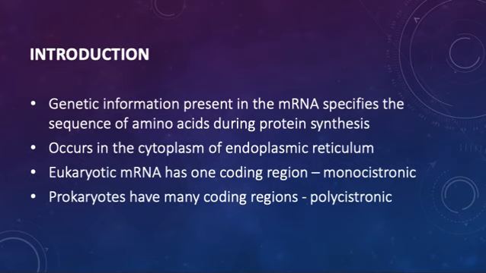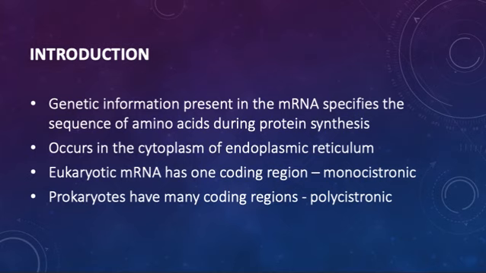So in eukaryotes, the mRNA has only one coding region, or we call it monocistronic. Whereas in prokaryotes, they have multiple coding regions, and we call this polycistronic. Okay, so this is the main difference between eukaryotic translation and prokaryotic translation.